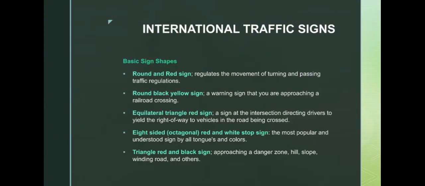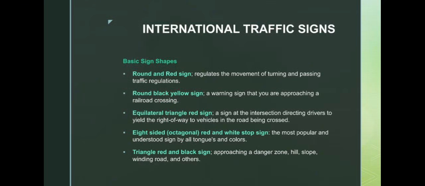The basic sign shapes of international traffic signs are the following. The round red signs regulate the movement of turning and passing traffic. The round black and yellow sign warns that you are approaching a railroad crossing. The equilateral triangle red sign, the give way sign, is at an intersection directing drivers to yield the right of way to vehicles on the road being crossed.